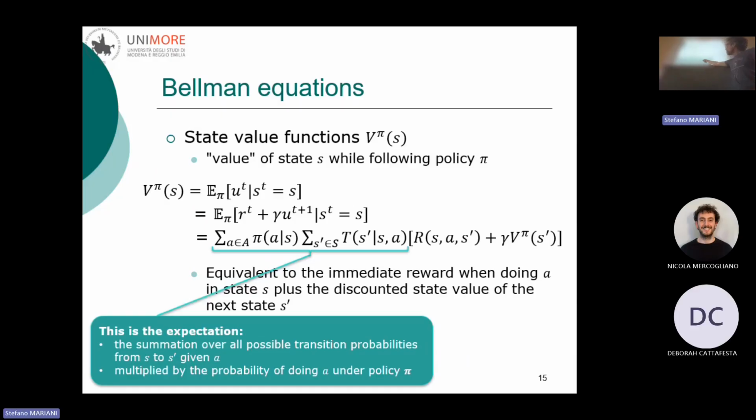So we start to expand the expectation and make it computationally tractable. We sum over all possible transition probabilities from that state to the next state, multiplied by the probability of doing that specific action according to my policy.